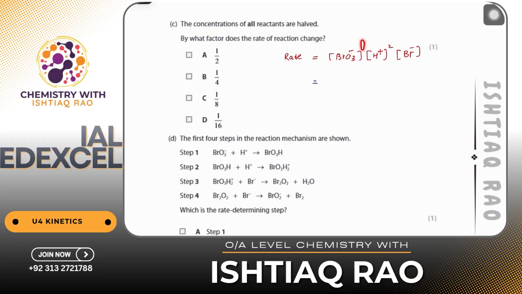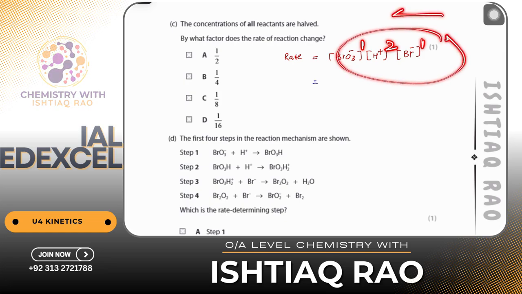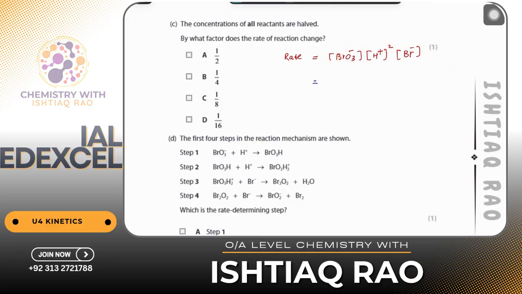So the overall order is 4. Now it becomes half, but the power is applied, so it becomes 1 by 4, and also half. When I solve it, 1 1s are 1, 1 1s are 1, 2 4s are 8, 8 2s are 16. So the answer is D for doctor. Simple, isn't it?